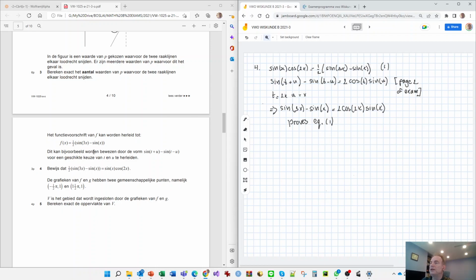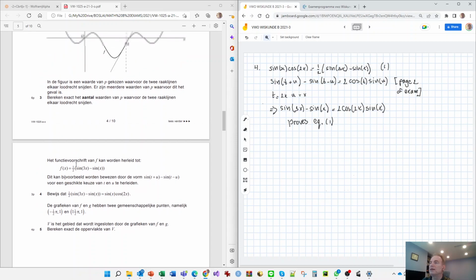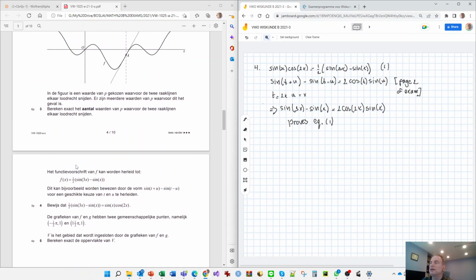So in this case, just follow what the hint that they're giving here. And from the equations given in the first or second page, this is given by 2 times the cosine of 2t times the sine of u.